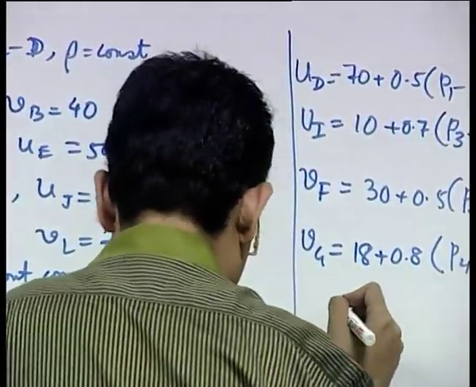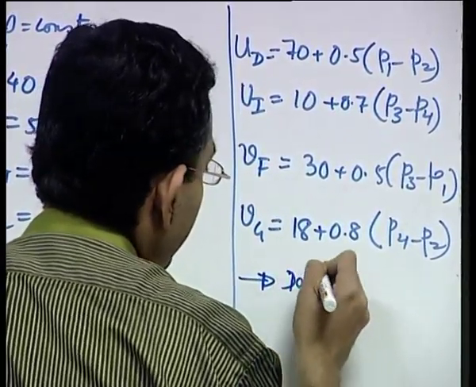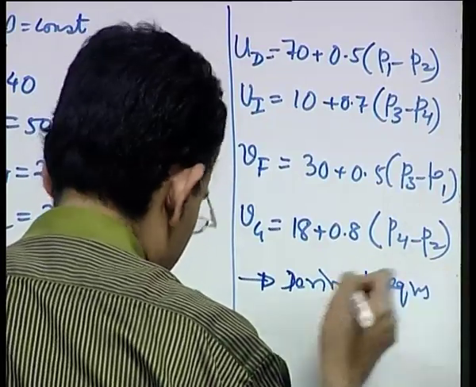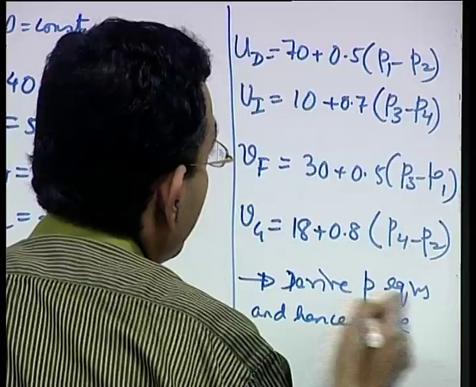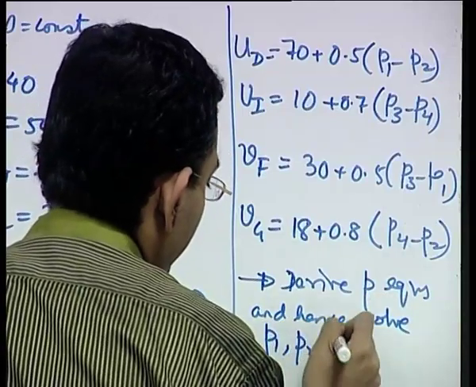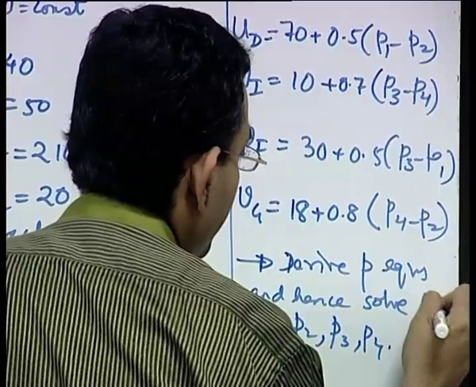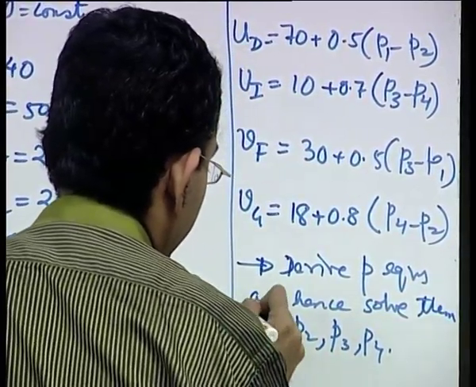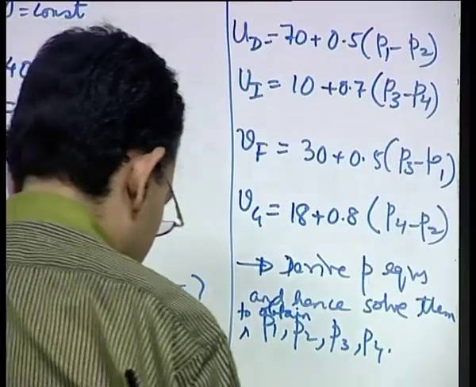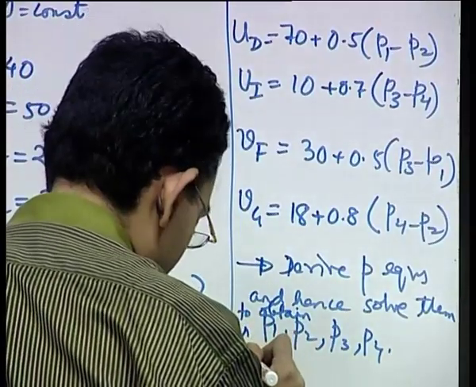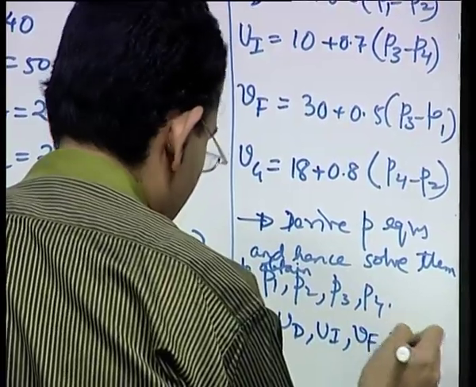Then your objective is to derive the pressure equations and hence solve to obtain P1, P2, P3, P4, and using that you obtain Ud, Ui, Vf and Vg.